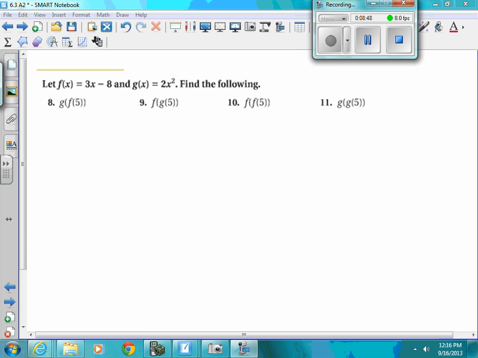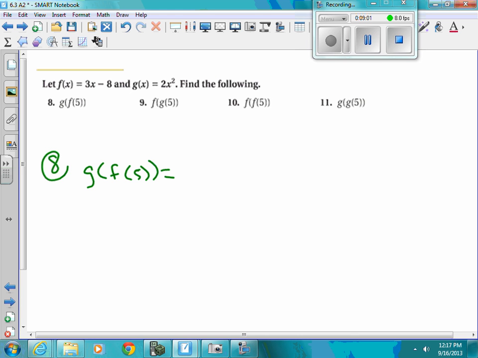So we're going to simply evaluate these functions. G of f of 5. What you do for this, for number 8, g of f of 5, we start by plugging 5 into f of x. f of x is 3x minus 8. So 3 times 5 minus 8: 3 times 5 is 15, minus 8 is 7.